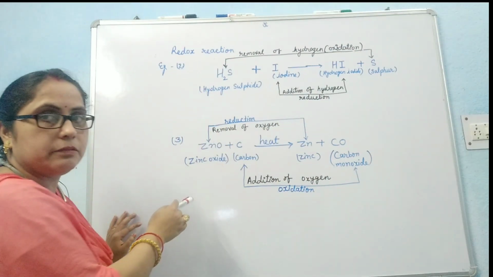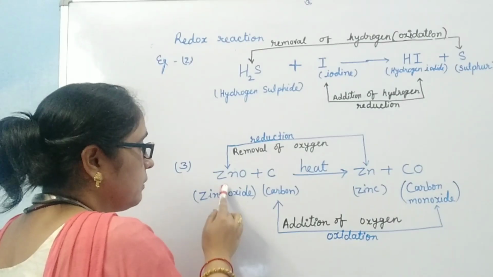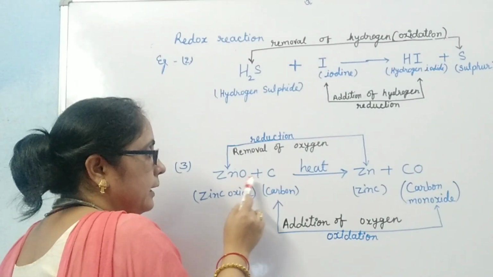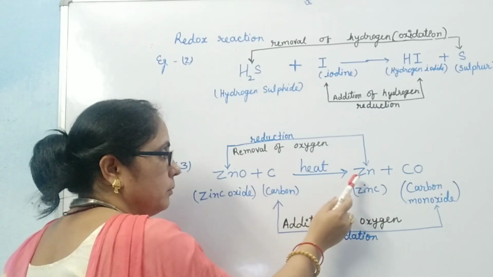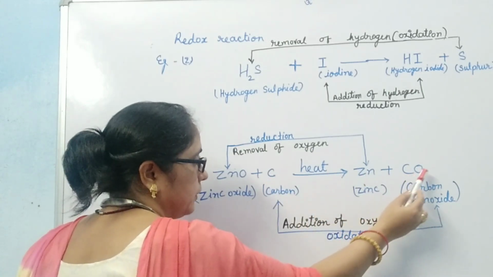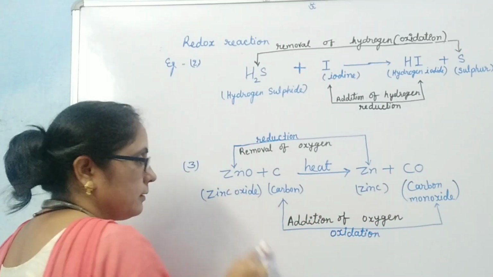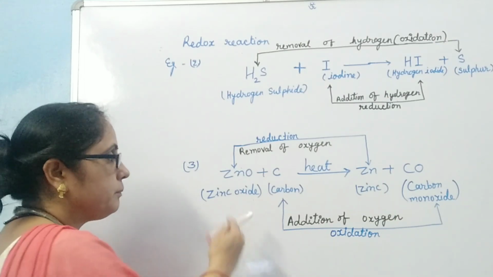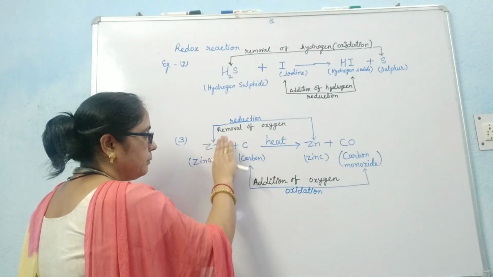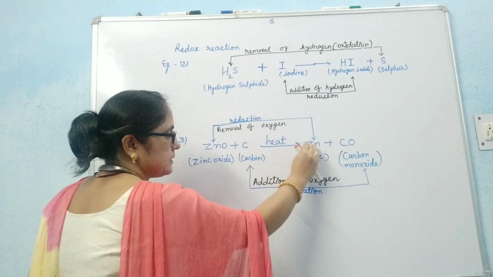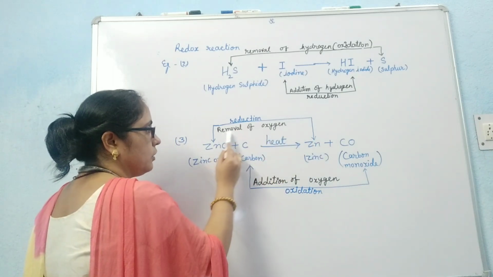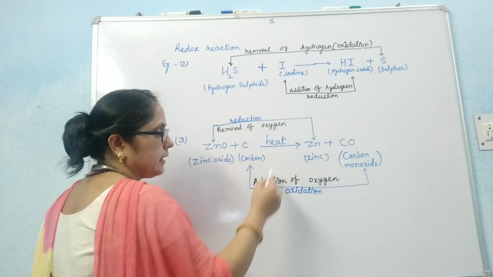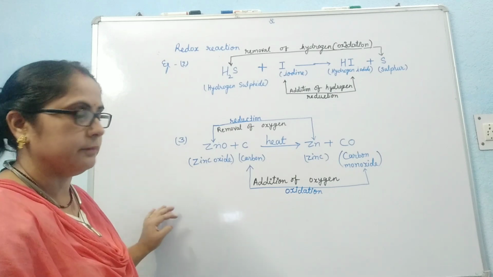One another example we have also, that is when zinc oxide is heated with carbon to form zinc metal and carbon monoxide gas. In this reaction, see, zinc oxide removes its oxygen to change into zinc. Removal of oxygen is called reduction reaction from the definition.